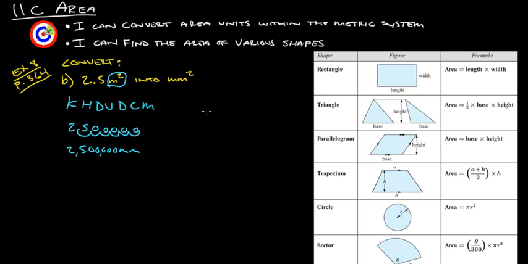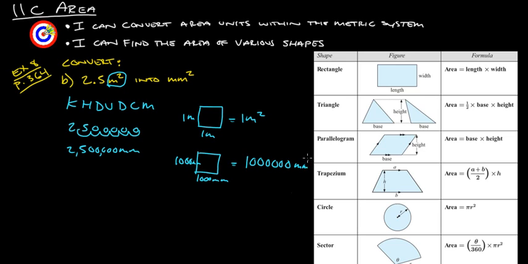The reason why that works, if you make a simple example: if this is 1 meter by 1 meter, this would be 1 meter squared. If you turn the meters into millimeters, that would be 1,000 millimeters by 1,000 millimeters, and you multiply that together and you get 1 with 6 zeros after it: 1,000,000 square millimeters.